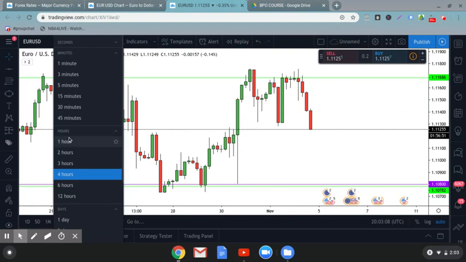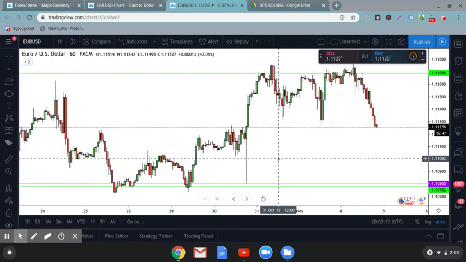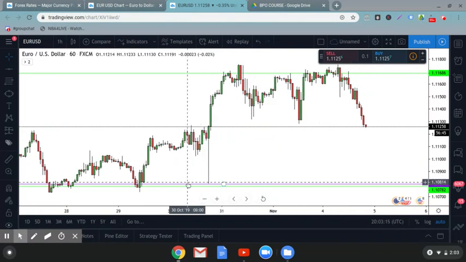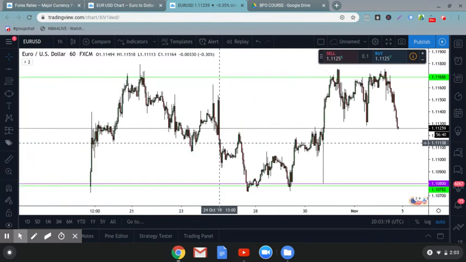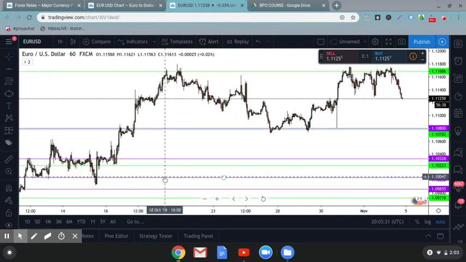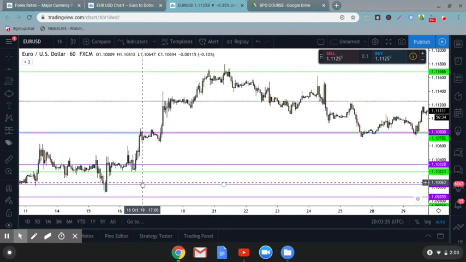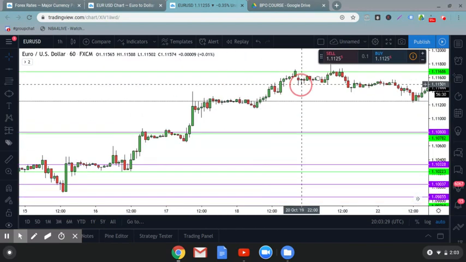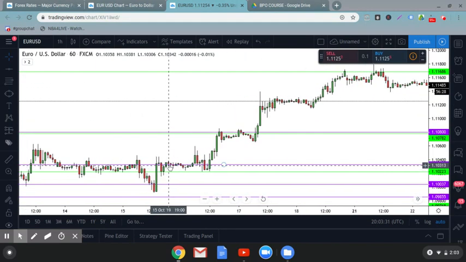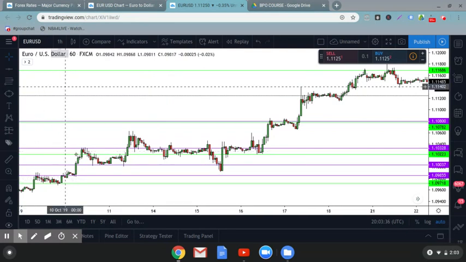And I mean, this is even on the 4-hour. If you go to the 1-hour, you can tweak it even that much further. So let's scroll out and show you guys. Right. As you can see, there's even more wicks forming here on the 1-hour.